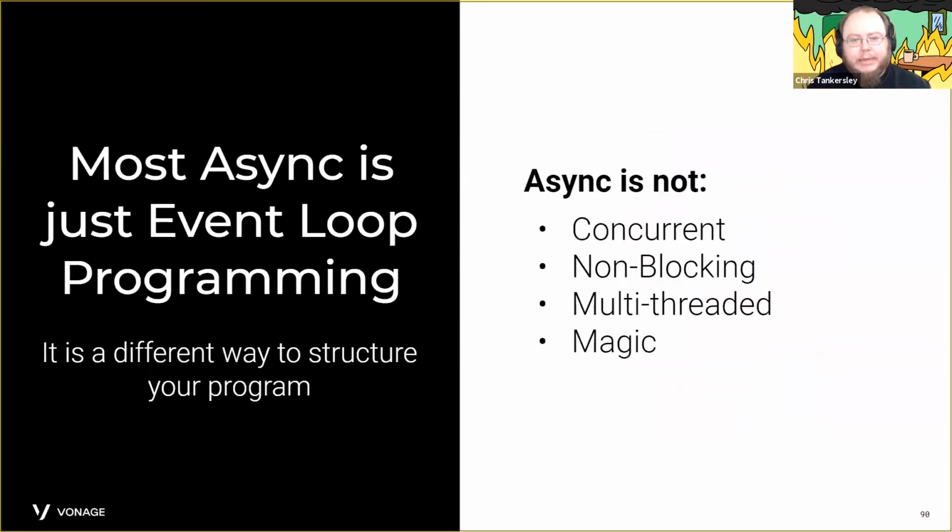So async is technically just event loop programming. It is not concurrent. So when we put event 1 and event 2 in the event loop, we did event 1, then we did event 2, then we did callback 1, then we did callback 2. At no point did we do those concurrently. We had to wait for one to finish to go on to the next.